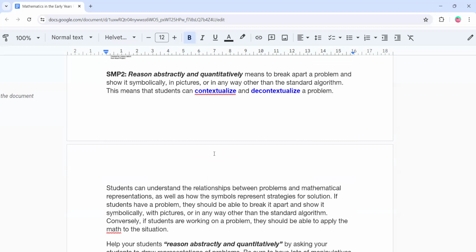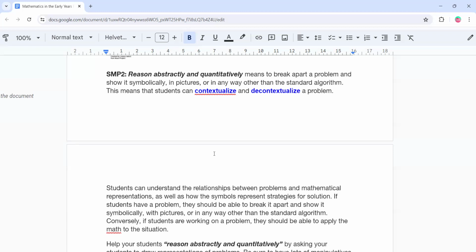This means to break apart a problem and solve it symbolically, in pictures, or in any way other than the standard algorithm. This means that students can contextualize and decontextualize a problem. A student can understand the relationship between problems and mathematical representations, as well as how the symbols represent strategies for solution.